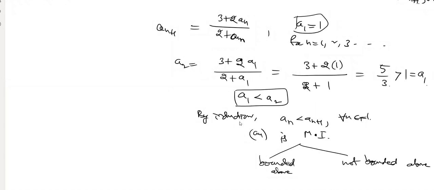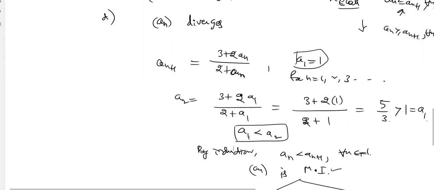Suppose it is unbounded above; then definitely it diverges to plus infinity because it is monotone increasing and not bounded above. Once it is bounded above, by the monotone convergence theorem, it converges to some real number, in fact to its supremum. Once it is unbounded above, this sequence tends to plus infinity.